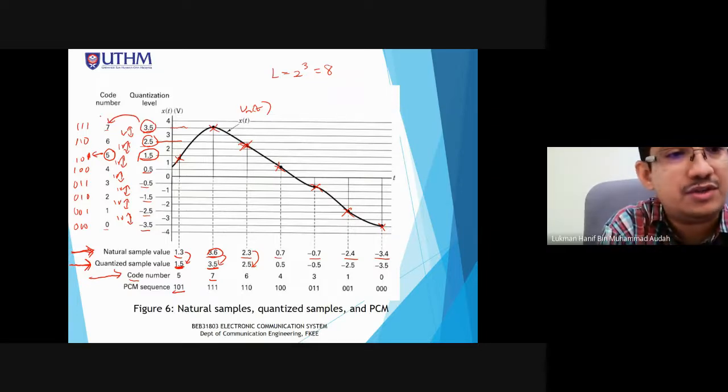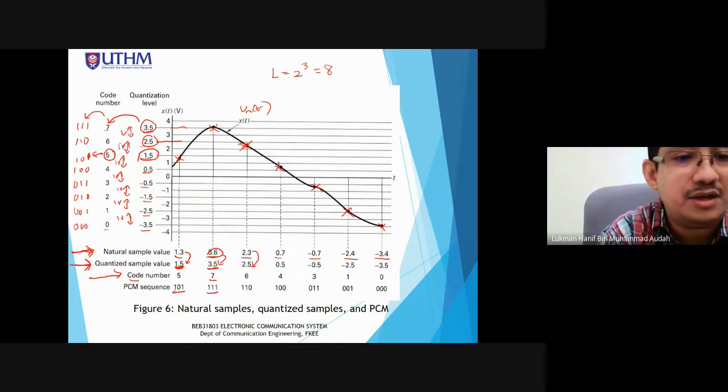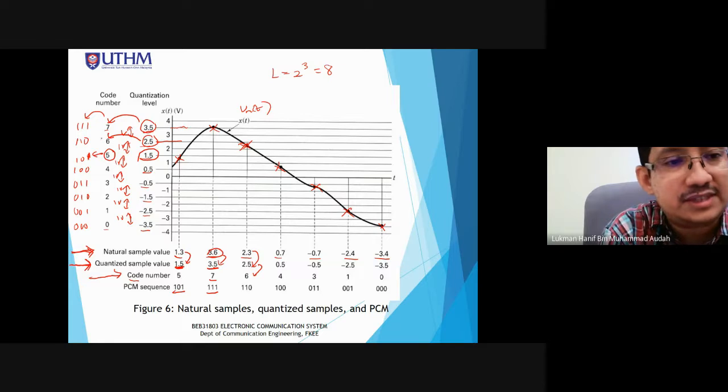Code number 7 is equal to binary 111. The third sample is 2.5 volt, is assigned with code number 6. Code number 6 is equal to 110 in binary.